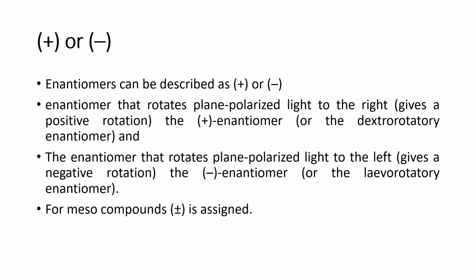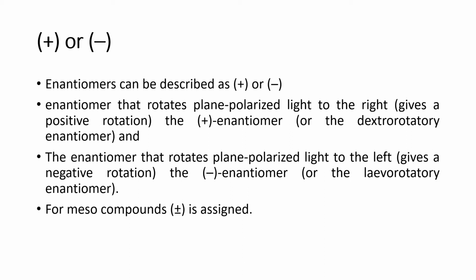whereas an enantiomer that rotates the plane polarized light towards the left side or anti-clockwise direction is called levorotatory. The symbol is minus. So an enantiomer which rotates the plane polarized light to the right side is called positive or plus.